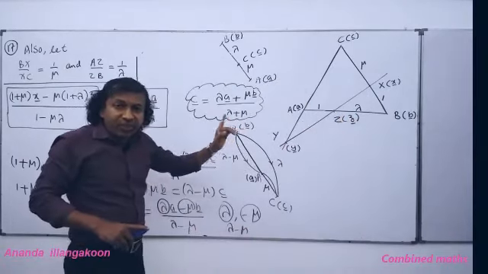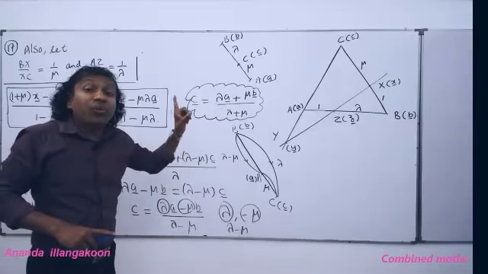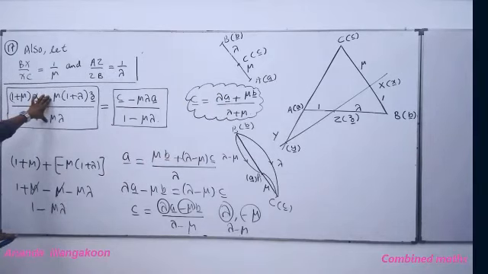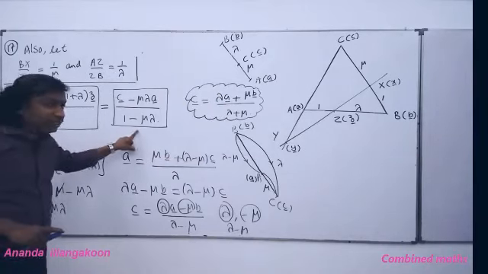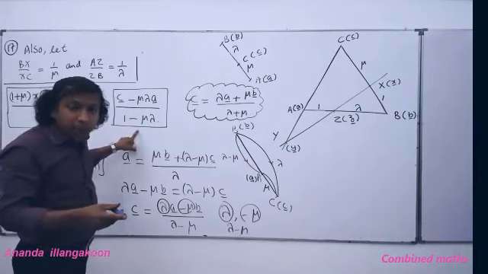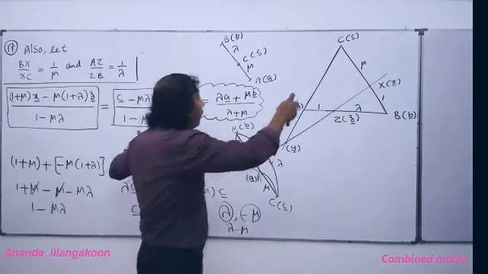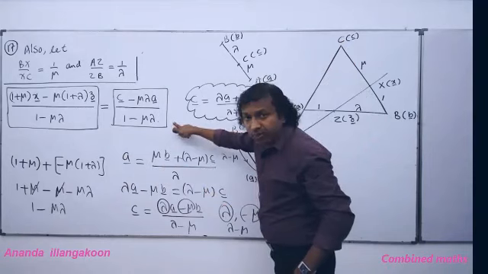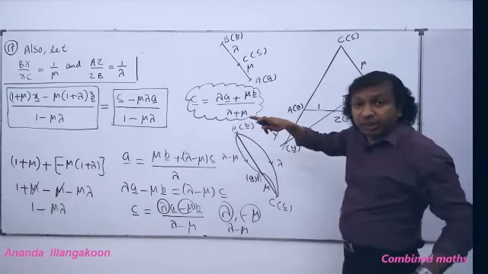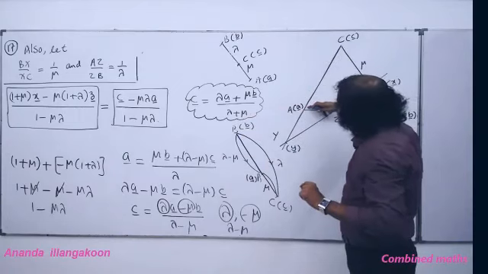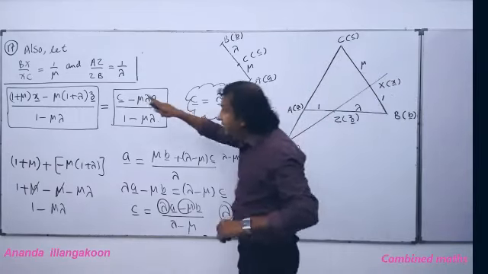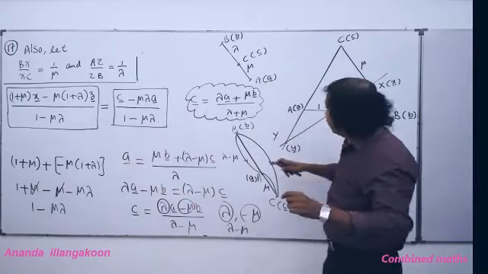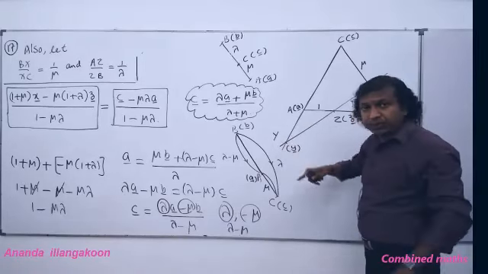When we join X and Z points and produce that line, this position vector lies on it. This side explains a position vector of a point on the line CA produced. This side explains a position vector of a point on the line XZ produced.